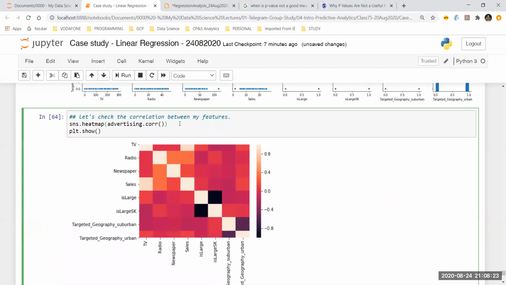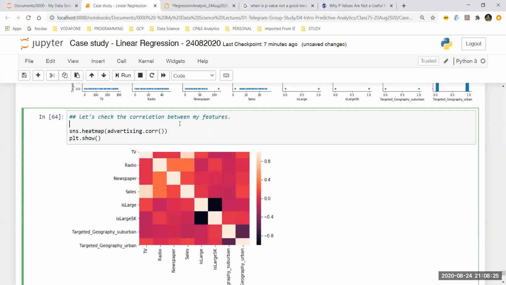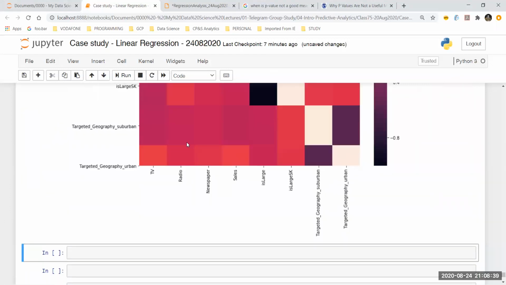So let me do this: plt.figure with figsize equal to 12, 12, right? I believe this is going to be better.